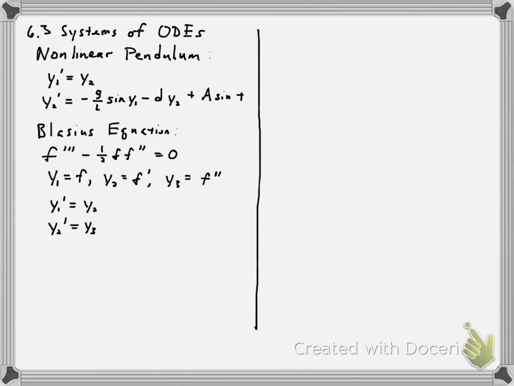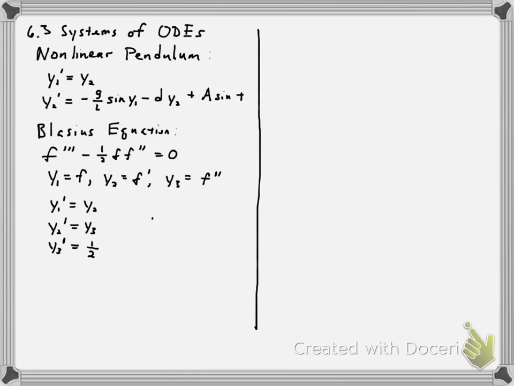And so what is y3 prime? Well, y3 prime is f triple prime, and if we solve for f triple prime above, f triple prime is equal to 1/2 f f double prime, and so what is f?